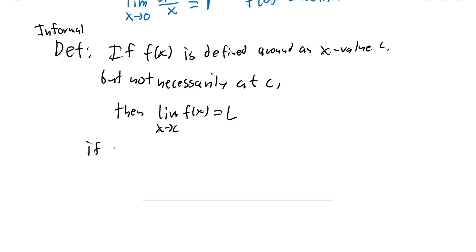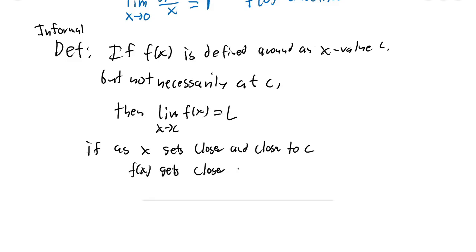If, as x gets closer and closer to c, f of x gets closer and closer to L. And again, there is a little bit of imprecision in this idea because, what do we mean by closer and closer?